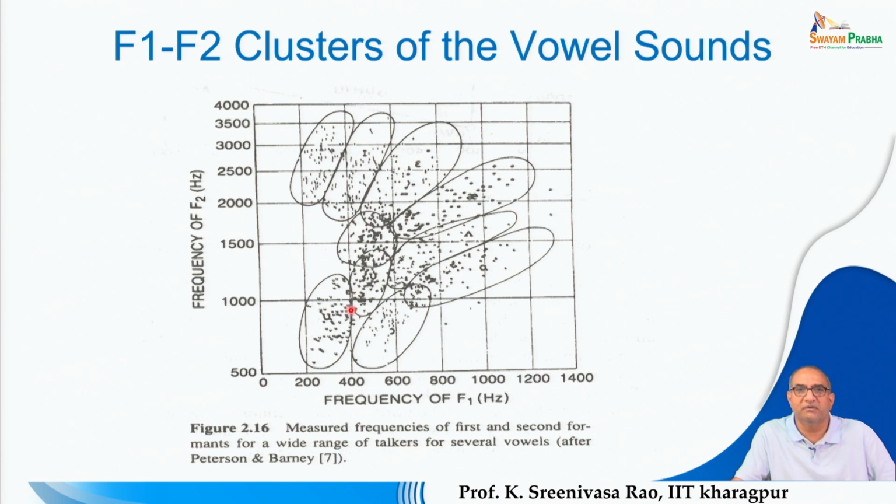These points come from different people, from both genders, male and female, and from different age groups. Vowels have been collected from each person, 10 vowels, and then their spectrum has been computed, and from each vowel they computed the mean F1 and mean F2 and plotted them.